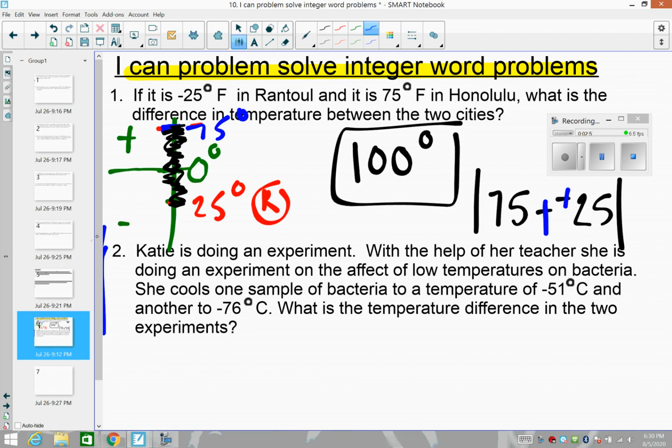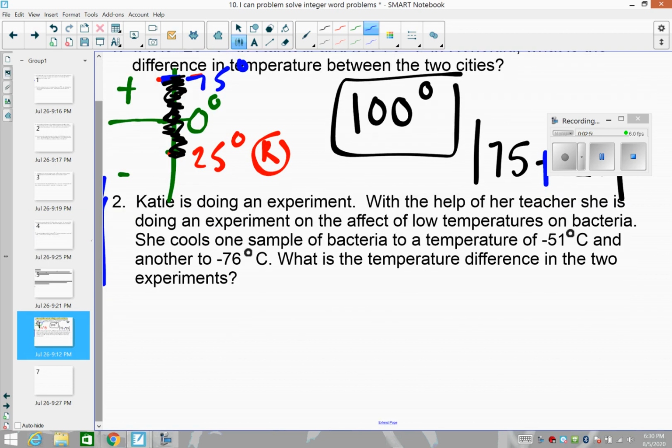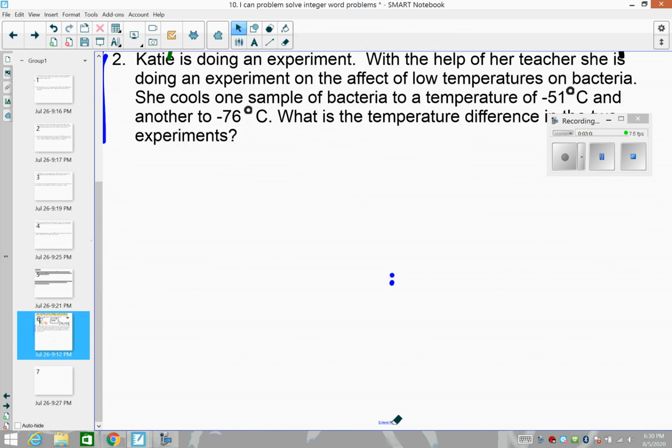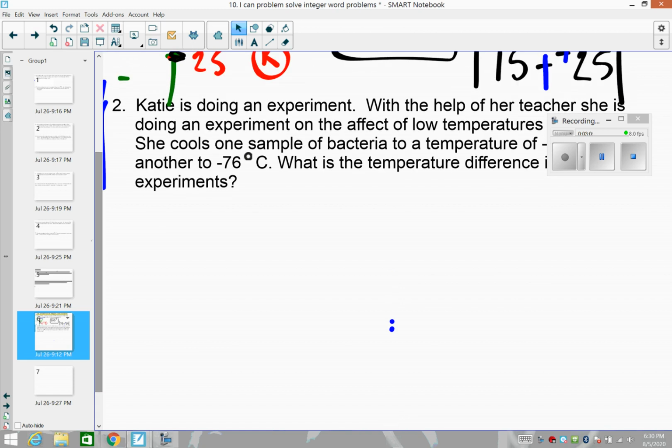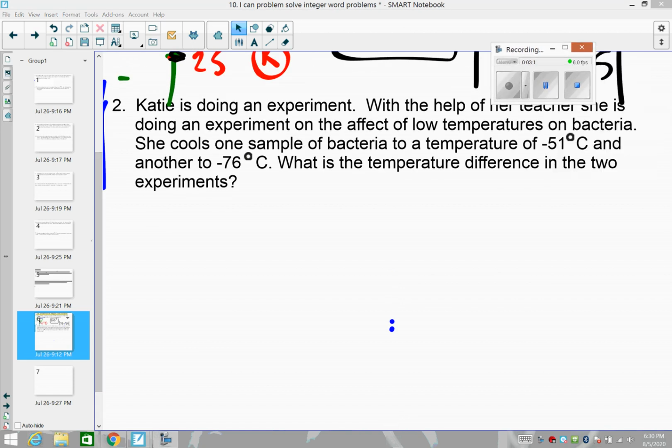So Katie is doing an experiment with the help of her teachers on the effect of low temperatures on bacteria. She cools one sample of bacteria to a temperature of negative 51 degrees Celsius and another to negative 76 degrees Celsius. What is the difference in the two temperatures?